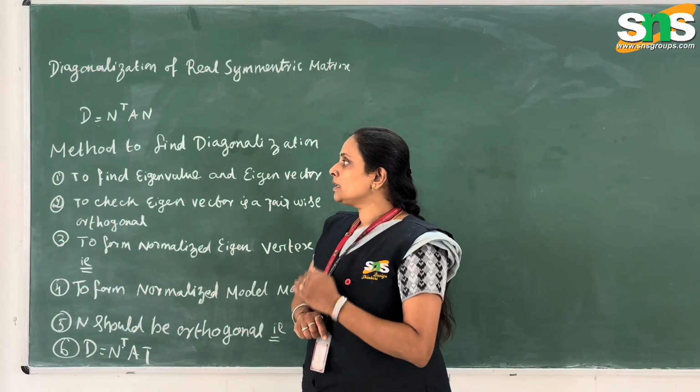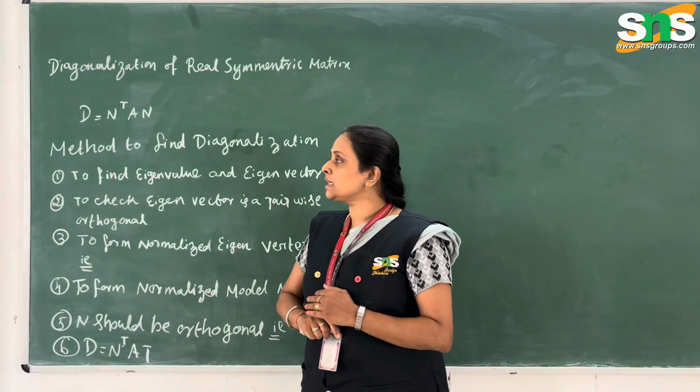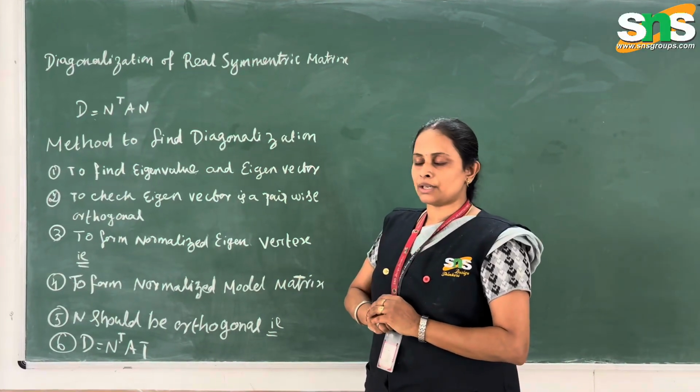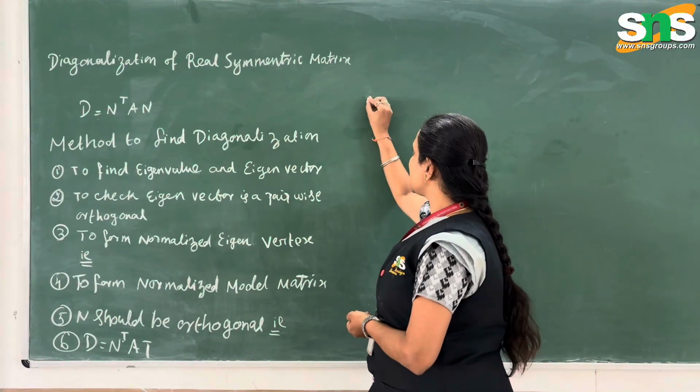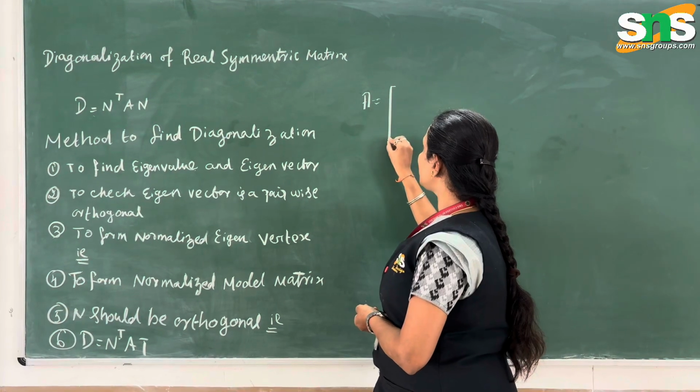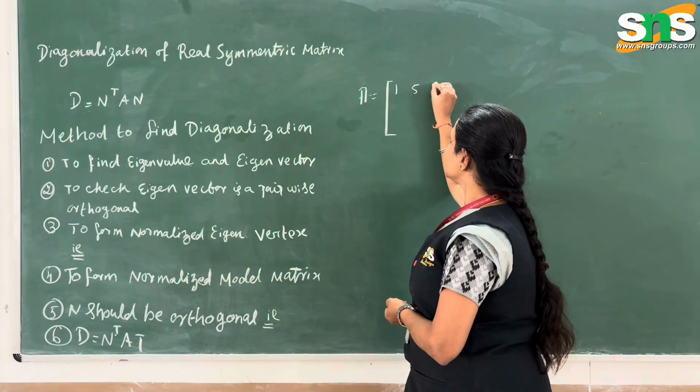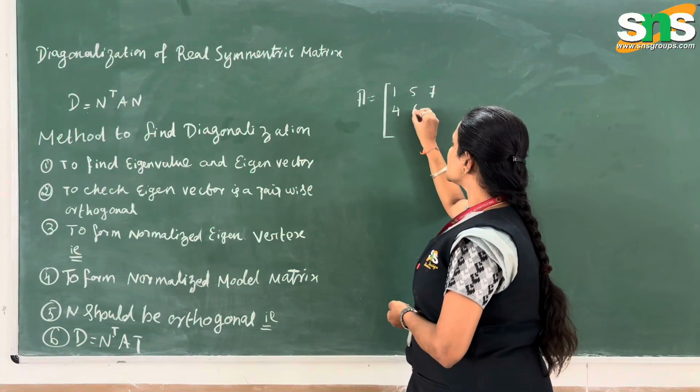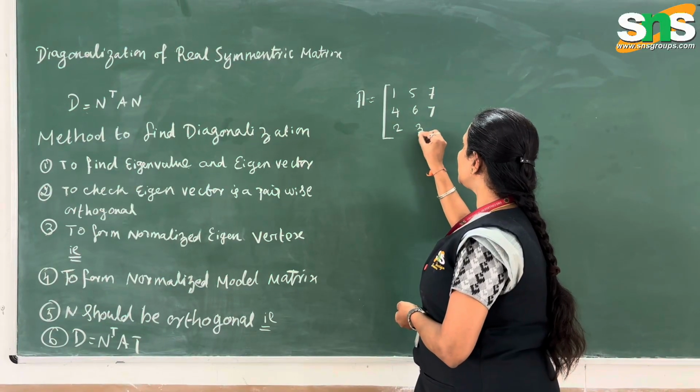Next, the following steps are used in the diagonalization. For example, this is a given matrix: 6, 7, 2, 3, 5.